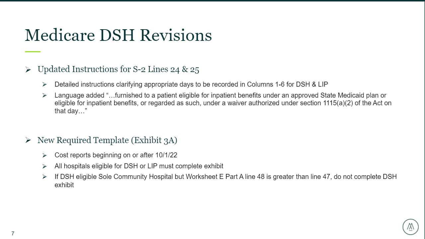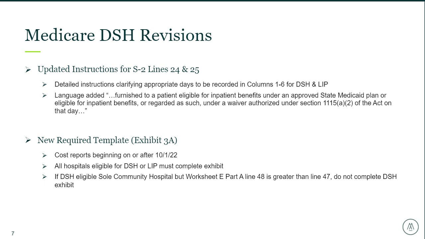As many of you know, there have been recent court decisions in the last few years in favor of the provider regarding certain Medicaid Section 1115 waiver days and their inclusion in the DISH fraction. And this new language specifically addresses these waiver days. Now, CMS has proposed to tighten the qualifications under such a waiver in the past 2 years of rulemaking, only to not adopt those proposals in the end.